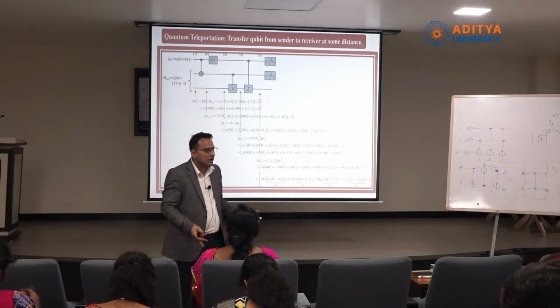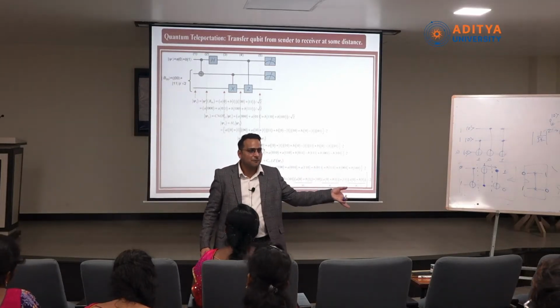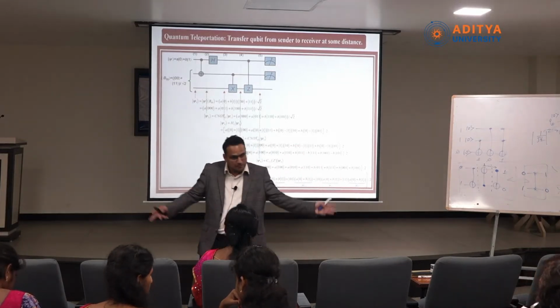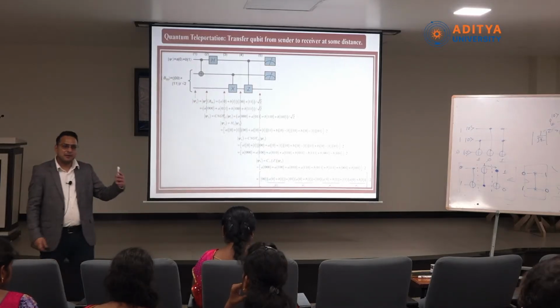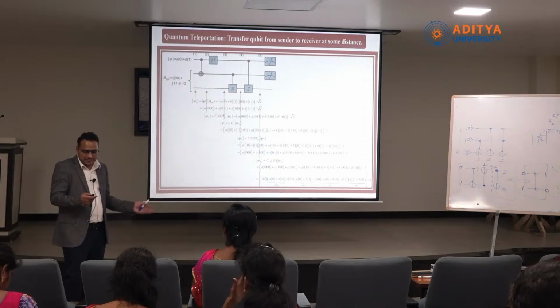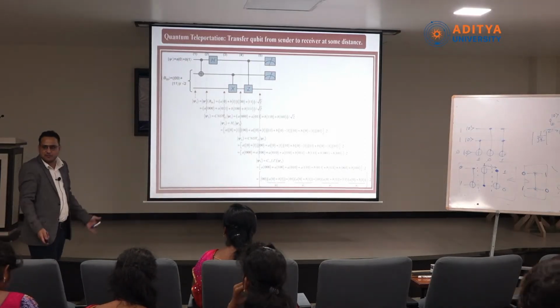I do not know how much is the quantity of alpha and how much is the quantity of beta, because this is a special case of non-uniform superposition. There may be non-uniform superposition. Clear? Or there may be a possibility of uniform superposition also, but we do not know. I do not say that A and B cannot be equal. This can be 1 by root 2.